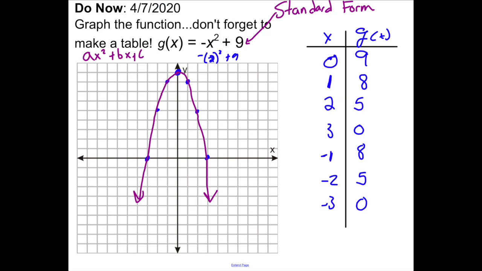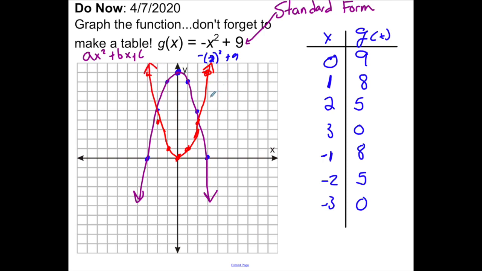Now, this one's interesting because I'm now going to draw the parent function. And here we go.